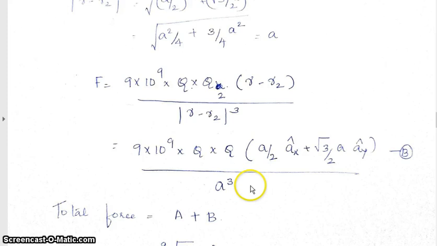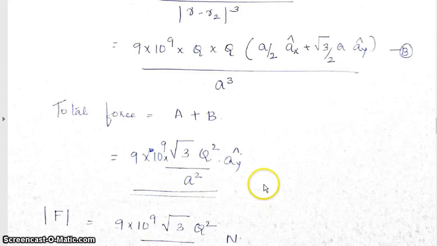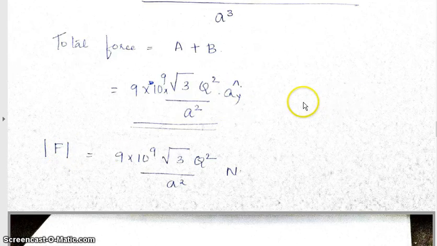Finally, to find the total force, you have to sum A plus B. And you will get this value, 9 into 10 raised to 9 root 3 Q square by A square AY. And while you are taking the magnitude, you can remove AY. So 9 into 10 raised to 9 root 3 by A square Q square, that much Newton is your answer. Hope these two problems are clear for you.